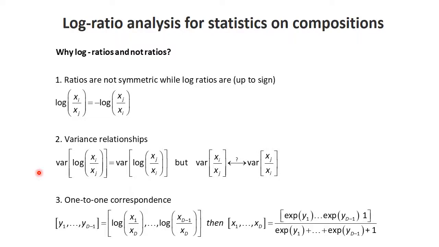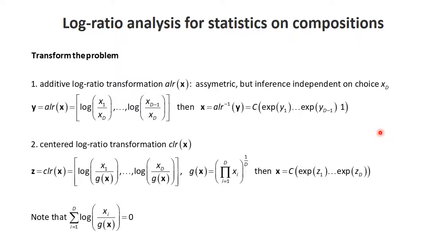There's also the bijective property, which is that once I've created log ratios, I can always go back to the original composition using a simple back transformation. This back transformation is important in the sense that we'll do all the computations in this log ratio space and then transform back into the original space.